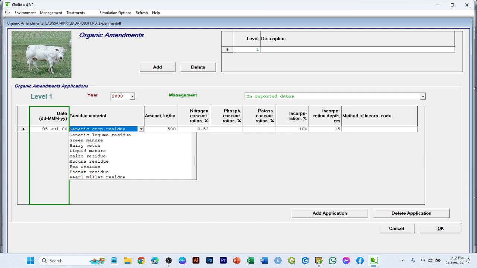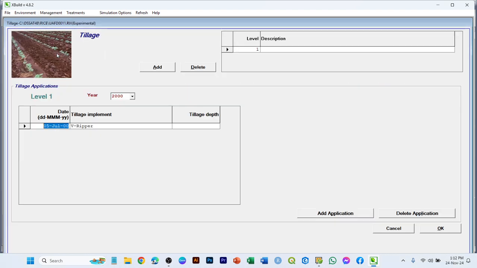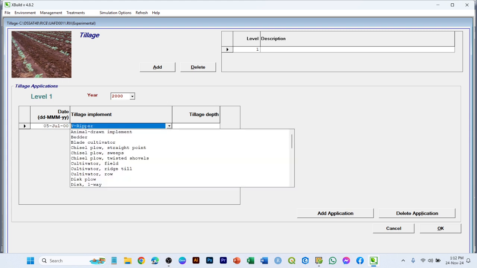Next, the parameters are basically related to soil scientists. So this is basically the tillage experiments. For example, there are some experiments utilized by soil scientists to study tillage practices, tillage implements, and cultivator.